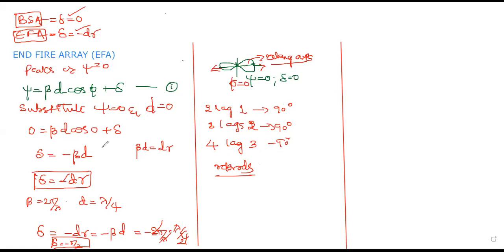So xi equal to beta d cos phi plus delta, where delta is equal to minus dr. Now substitute the delta value. Consider this as equation 2 and substitute 2 in 1.